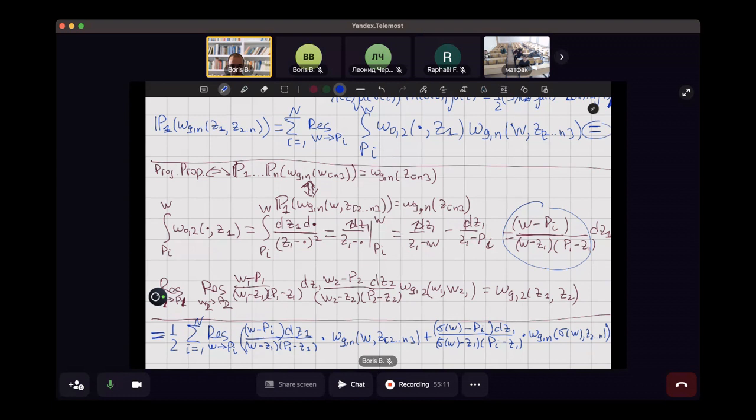So we know that this is omega gn, this is omega gn of, and this as a sum is holomorphic.